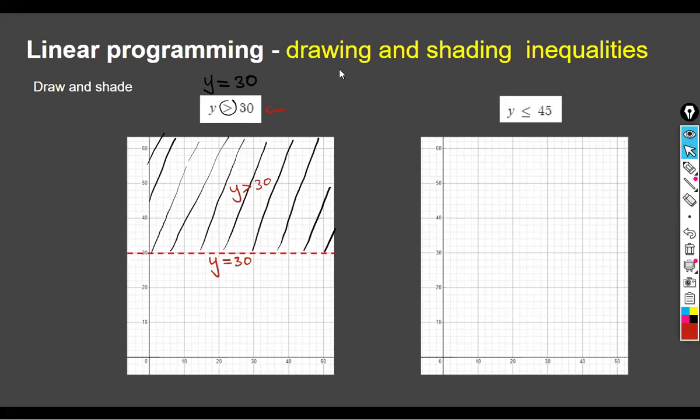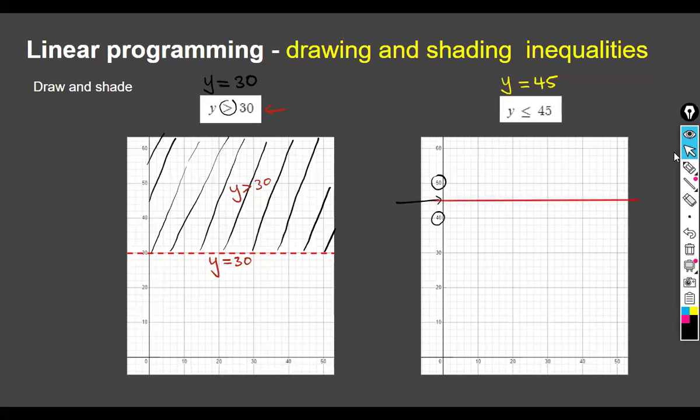The next one now, y is less than or equal to 45. So y is equal to 45. Now, the only reason I put this one, you notice how I have 40 here and 50. So 45 will be in the middle of what? 40 and 50. And so that should be a horizontal line going through 45.